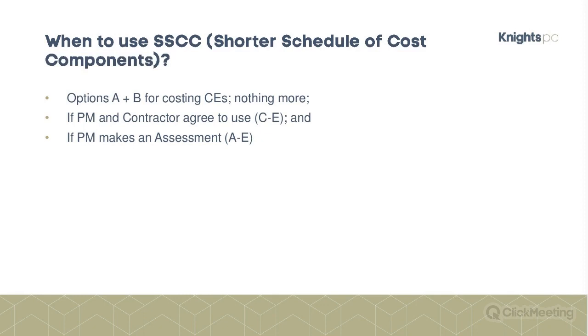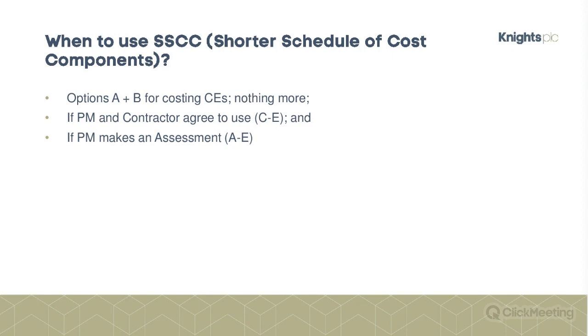So when to use the shorter schedule of cost components? We use this for options A and B, which sort of makes sense if you use the other one for C, D and E. So what's A and B? Well, they're effectively the fixed price contracts. So in contrast to C, D and E, where you use the schedule of cost components to price your works as you go along, for A and B, the shorter schedule is only used for compensation events.